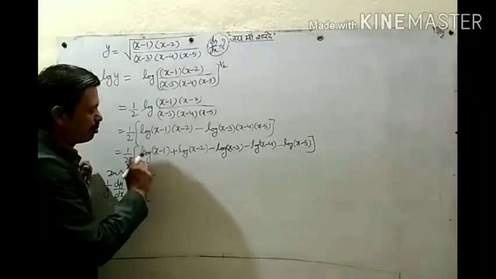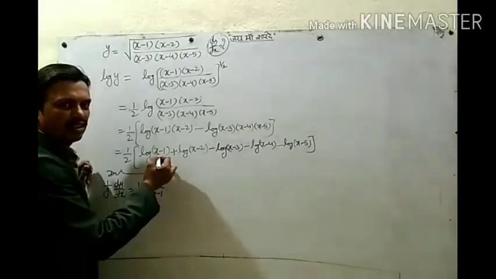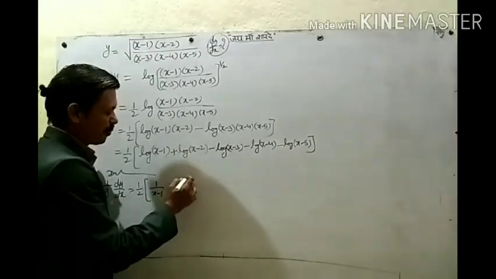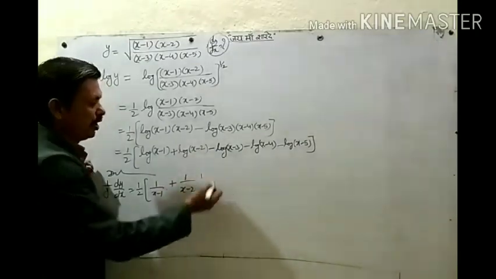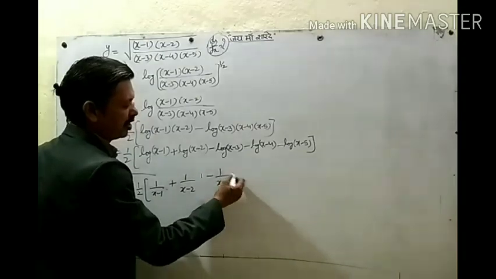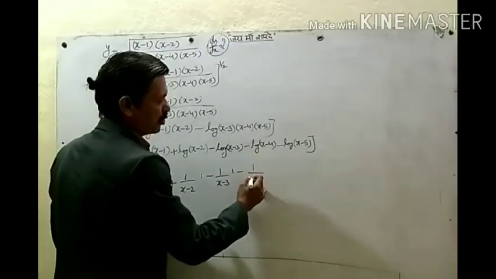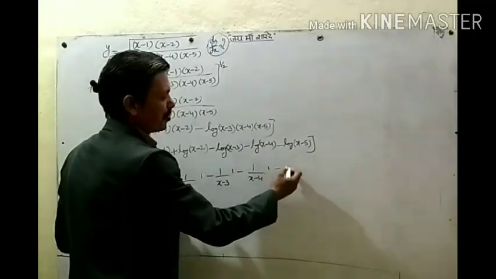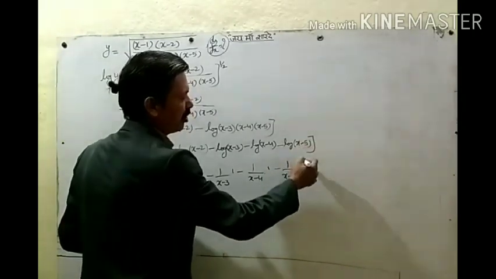So its derivative is 1 by x, that is 1 by (x minus 1) into the derivative of x minus 1, which will be 1, plus the derivative of log of (x minus 2), which is 1 upon (x minus 2) and its derivative 1 only, minus log of (x minus 3), its derivative 1 upon (x minus 3) into its derivative 1, minus log of (x minus 4) will give derivative 1 by (x minus 4) into its derivative 1, minus derivative of log of (x minus 5) is 1 upon (x minus 5) into its derivative 1.